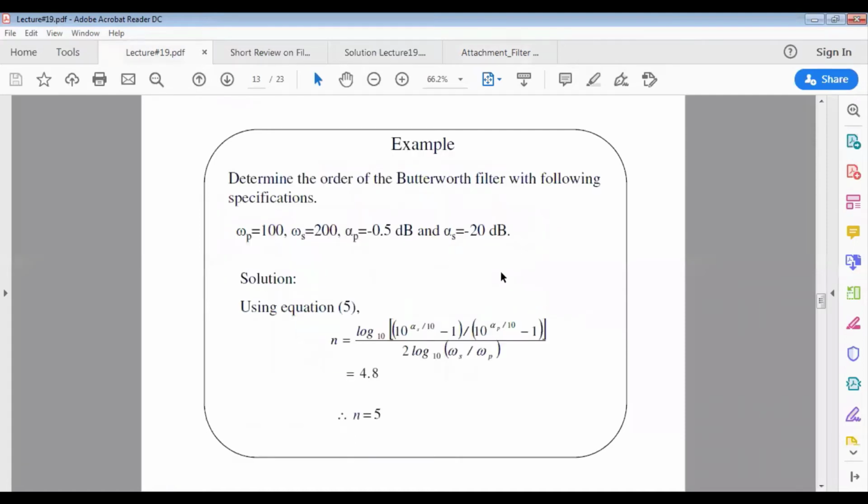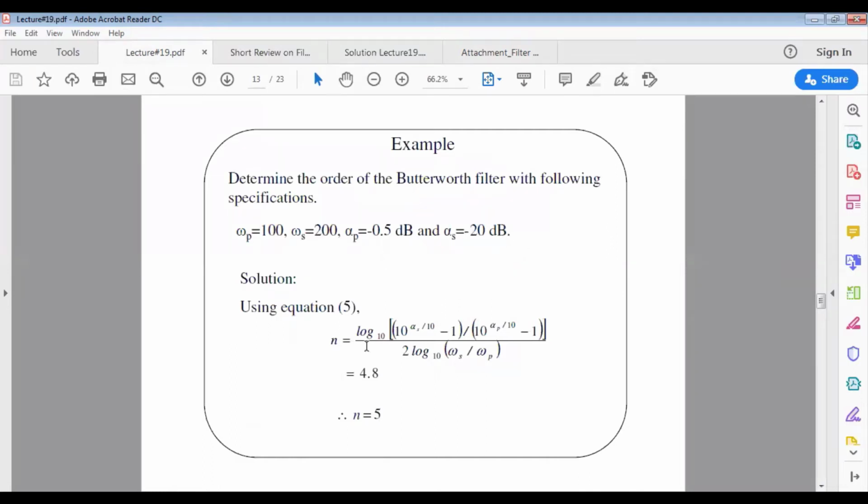Let's have a look at these examples. These examples request us to determine the order of the Butterworth filter. We are given the specifications: omega P of 100, omega S of 200, alpha P of negative 0.5 dB, and alpha S of negative 20 dB.